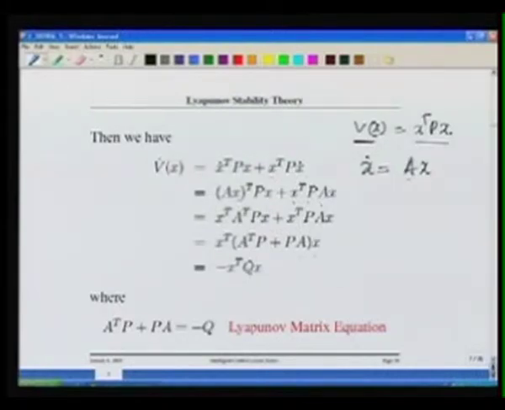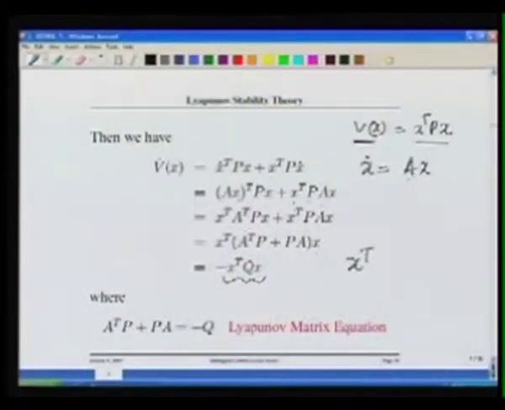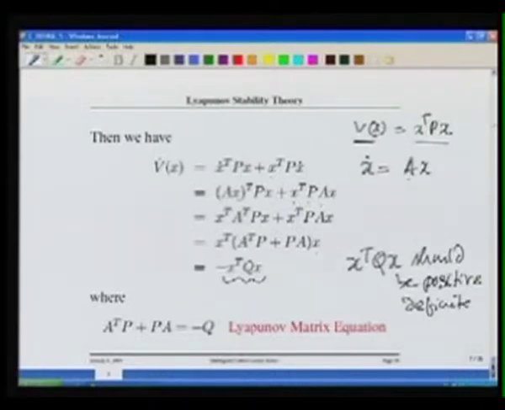By simplification we find x transpose (A transpose P plus P A) x, which is minus x transpose Q x. So, for stability of a linear system, according to stability theory, this quantity x transpose Q x should be positive definite, because if x transpose Q x is positive definite, then V dot x, which is the negative of a positive definite quantity, becomes negative definite.